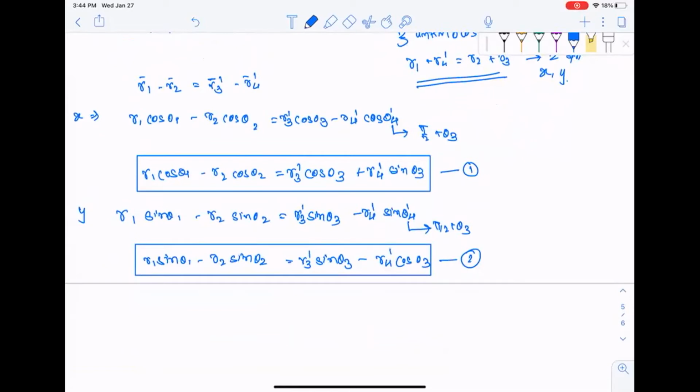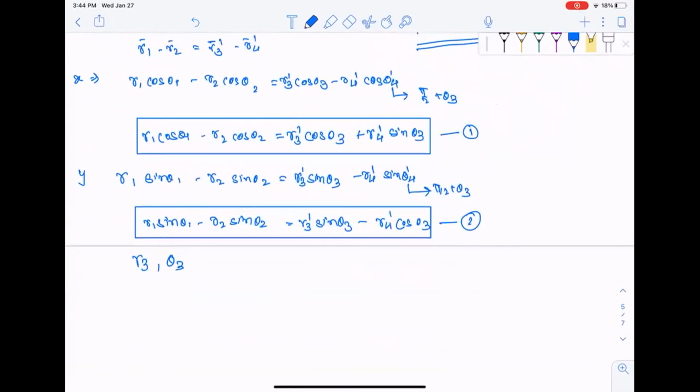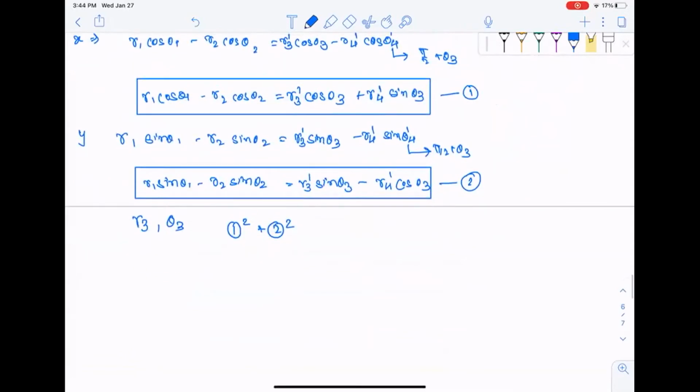Now, we have two unknowns for these two equations, that is R3 dash and theta 3. Let us eliminate theta 3. We can do that by squaring and adding the first and second equations.